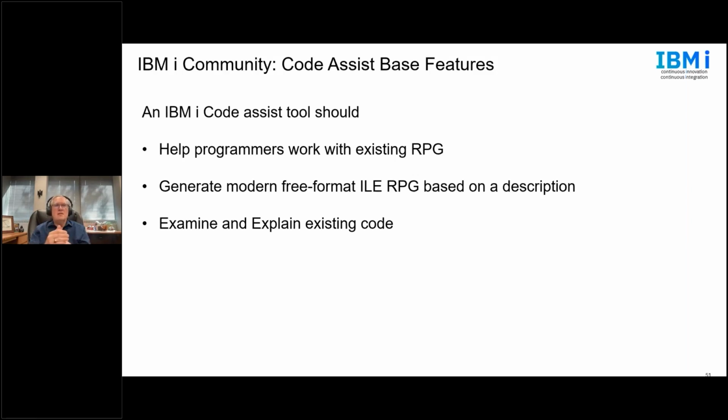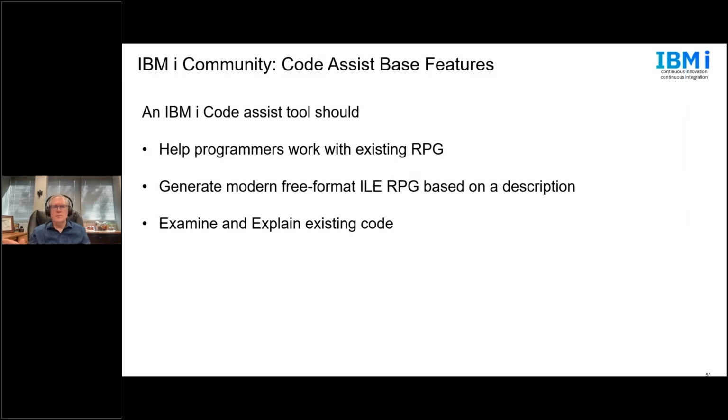More importantly, maybe than the generating, if you could have a tool that could look at existing code that's in my portfolio that was written 5 years ago, 10 years ago, 20 years ago, and explain to the new owner of that code, what is that code doing?